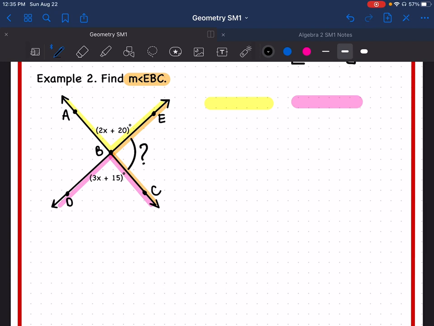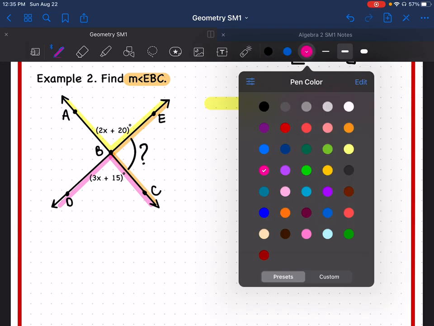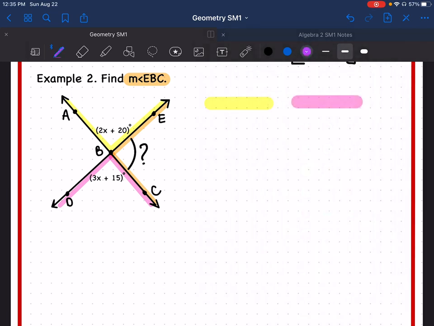Let's go back to our foldable. In our foldable, I'm going to take a look at the outside. And if I look at the pictures on the outside of my foldable, it really looks like the vertical angles. I'm going to flip it open, and it looks just like it.